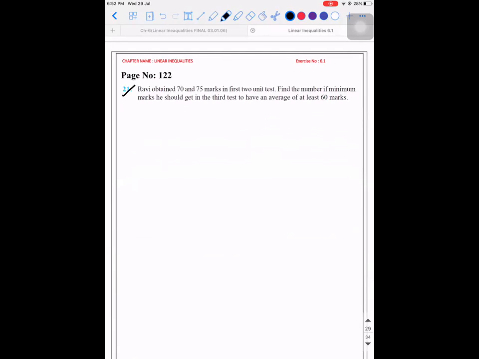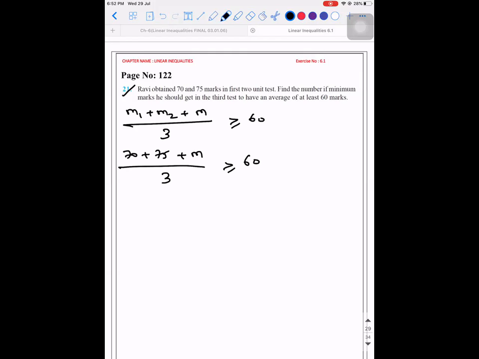Ravi obtained 70 and 75 marks in the first unit test. Find the minimum marks he should get in the third test to have an average of at least 60 marks. So (M1 + M2 + M)/3 should be greater than or equal to 60. So (70 + 75 + M)/3 ≥ 60, so 70 + 75 + M ≥ 180.